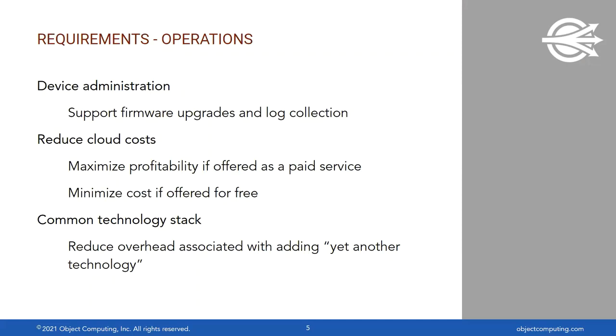So if we're offering a paid service to subscribers, we want to make sure that that's still profitable and sustainable long term. But even more so, if the end users are only buying equipment once and don't have any recurring subscription costs, then we want to minimize our operational cost, again, to make this a sustainable solution.